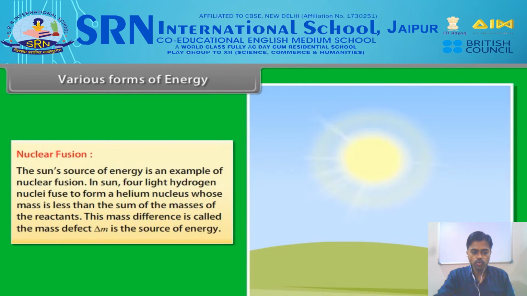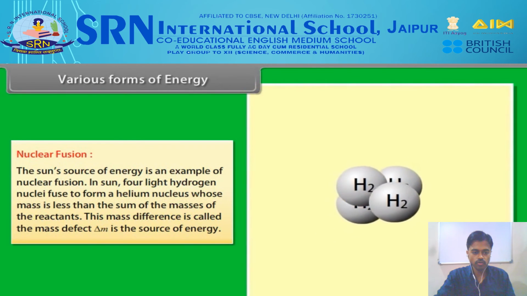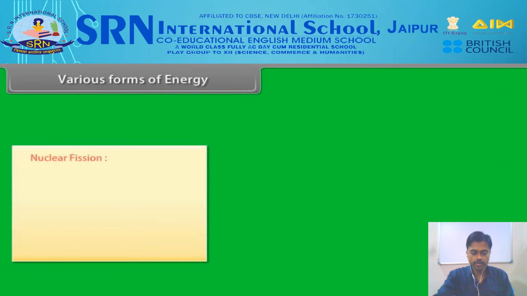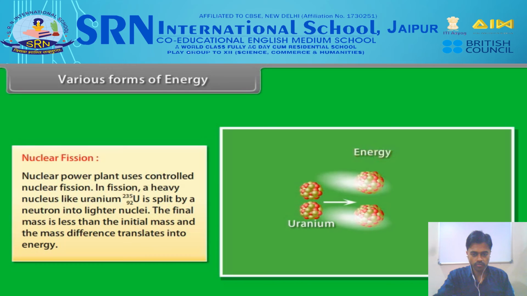There are two types of nuclear energy, that is nuclear fusion and nuclear fission. Let's talk about the fusion reaction. When four hydrogen atoms combine to form one helium atom, the sum of the masses of reactants and products is different. There will be less mass in the product, and this mass is converted into energy, which we call nuclear fusion.